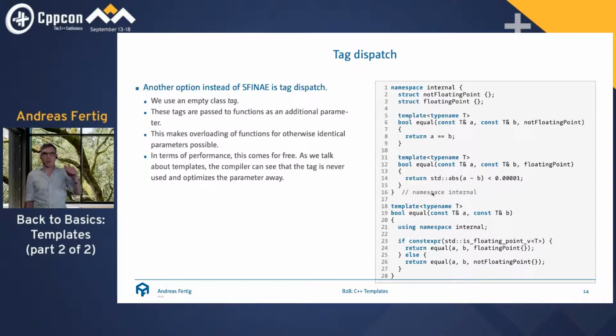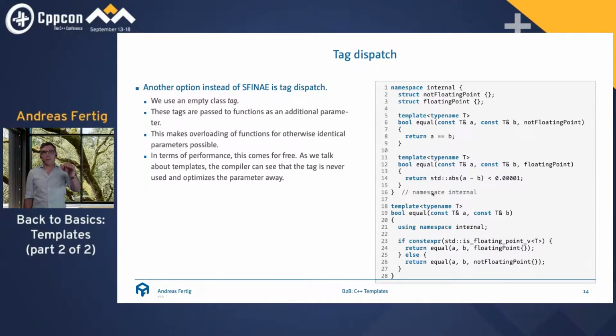If so, I call another equal function in my internal namespace, and I'm passing a tag type floating_point to it. You can see that I'm creating here inline an instance of floating_point with the curly braces. And at the very top there, you can see I have these two structs, not_floating_point and floating_point.